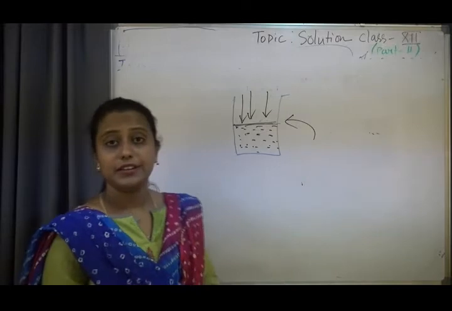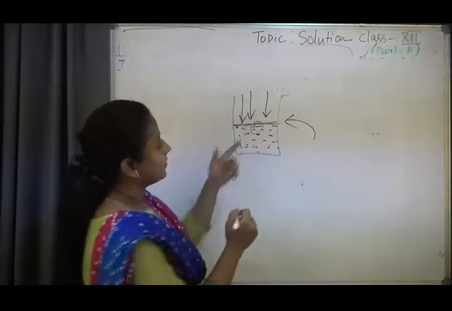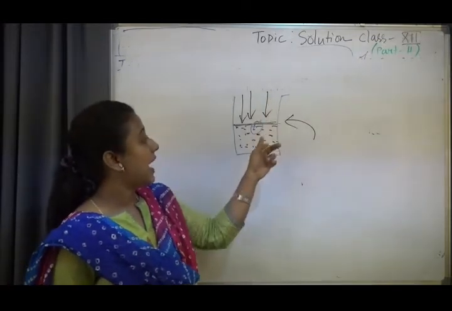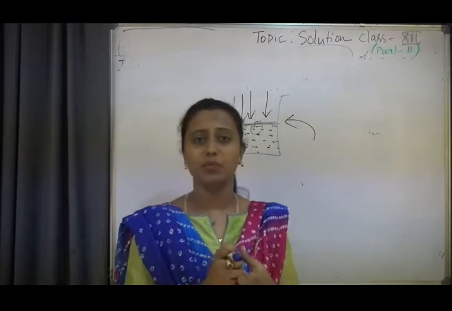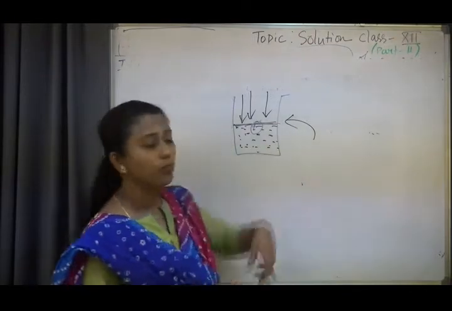So the solubility will increase if the force of attraction between the gas and the liquid or solvent is more. If the force of attraction is more, then it will be more soluble in the solution.